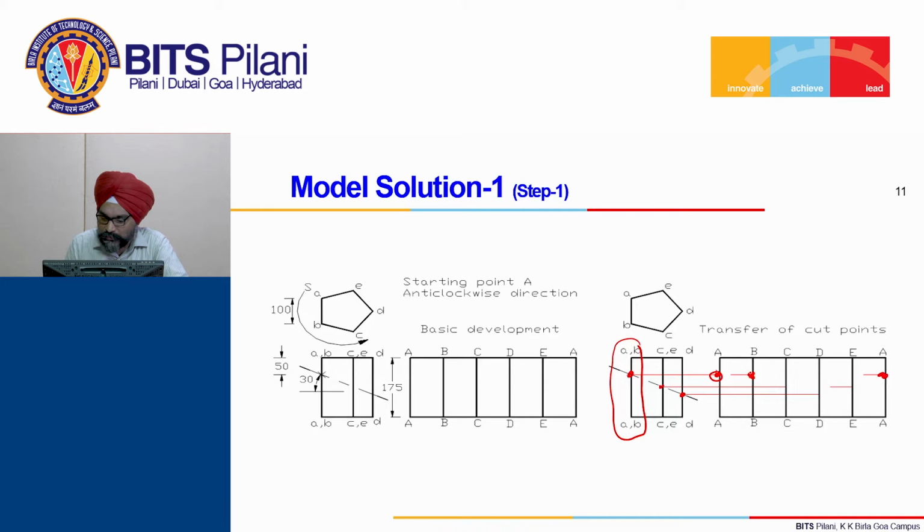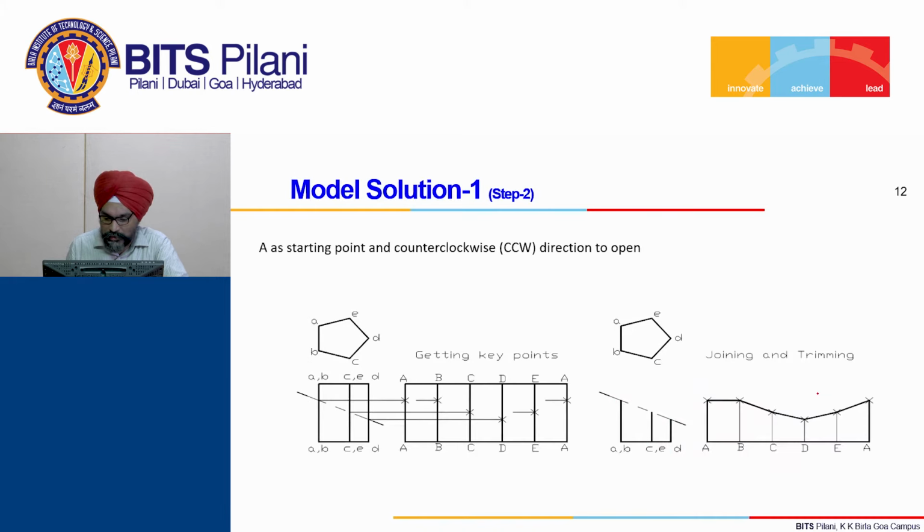Similarly, next we have CE and CE, so from this we transfer it on C and E. This one is on D only, so it is transferred only on D. This way we got different points. These points are simply joined in this drawing, and so it completes the development.